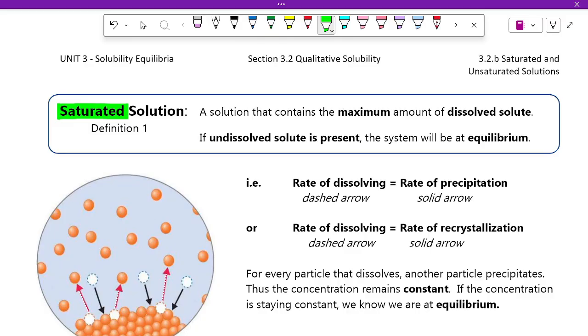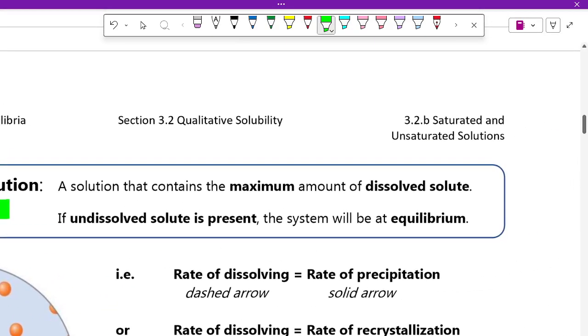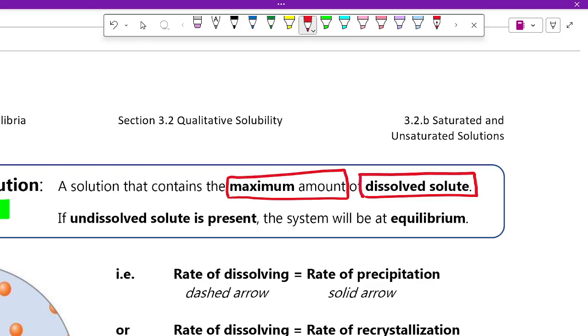And the one definition, so this is definition one, a solution that contains the maximum amount of dissolved solute. If undissolved solute is present in a saturated solution, the system will be at equilibrium.